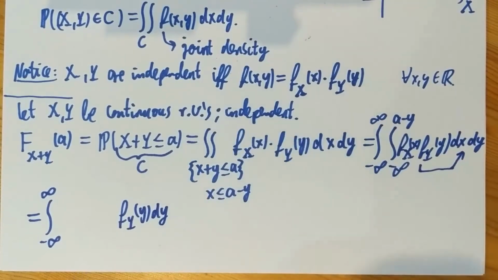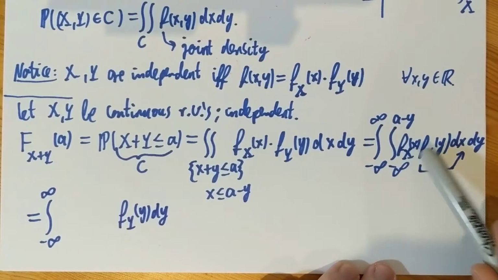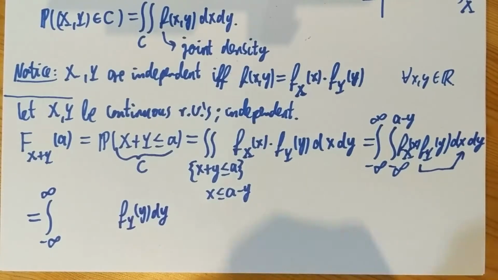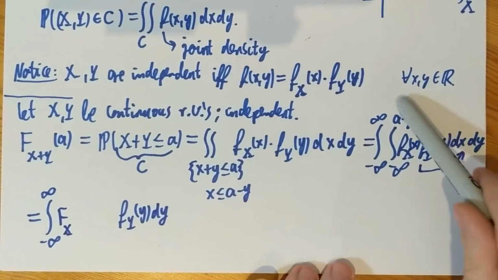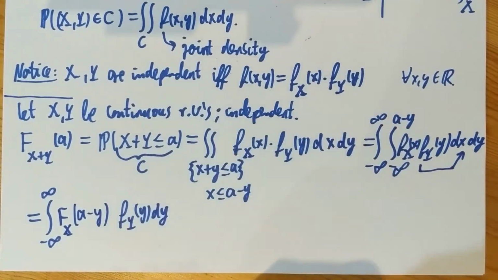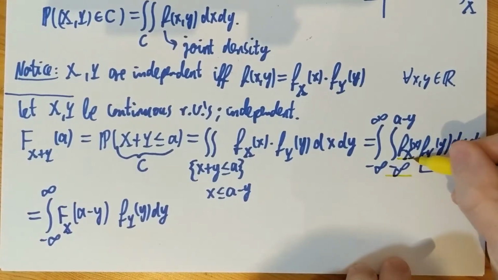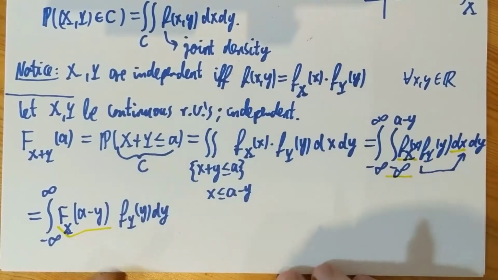And before that, I have the integral from negative infinity to a point of the density of X. That exactly is giving me the distribution function for X at this point a minus y. Just by definition, this distribution function is exactly the integral from minus infinity to a minus y of the density of X dx. That is exactly giving me the distribution function F_X at a minus y.